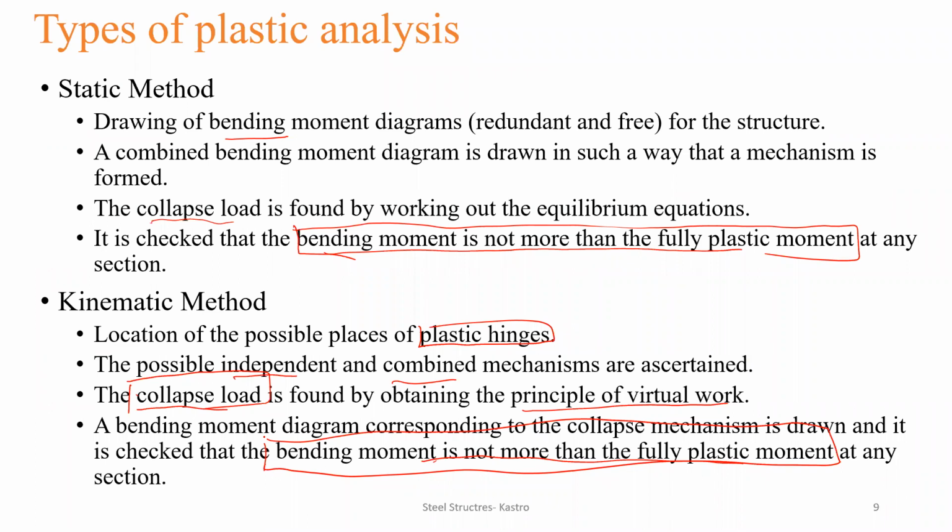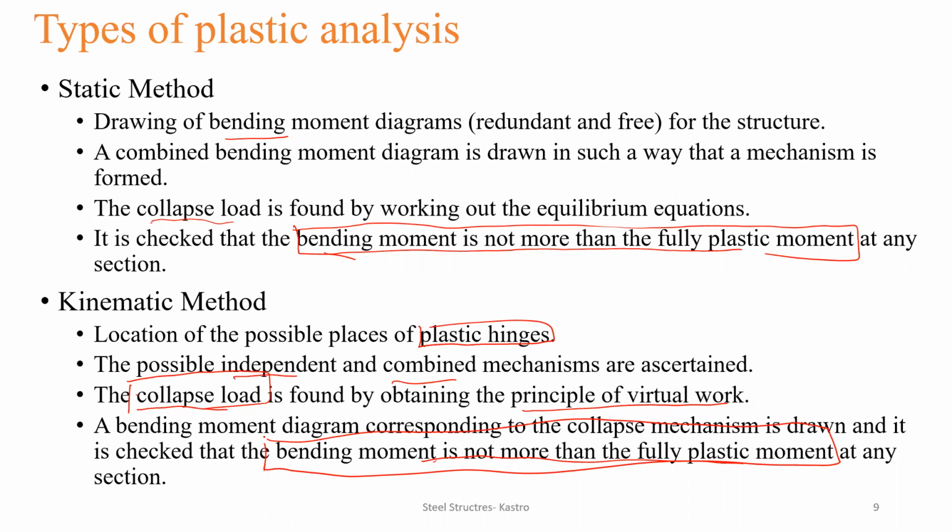Ultimately, irrespective of what kind of structure you have, if you do analysis by any of the methods, they all will give you the same results. But how you approach the process of analyzing gets different. In a similar way, here also we have both the static methods and the kinematic methods. In both these methods, your ultimate aim is to prove whether the bending moment is not more than the plastic moment or not. But the method of approach gets different.